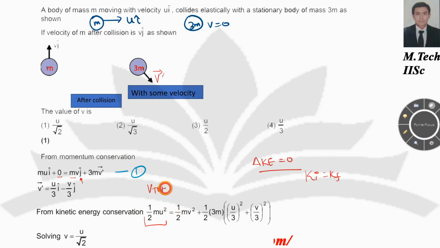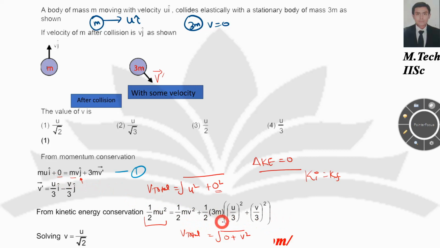My total velocity for my first body is nothing but u square plus 0 square, a contribution of 0 in the y direction. And in the second case, the total velocity after the collision for my first body is a contribution 0 in the x direction and v in the y direction.